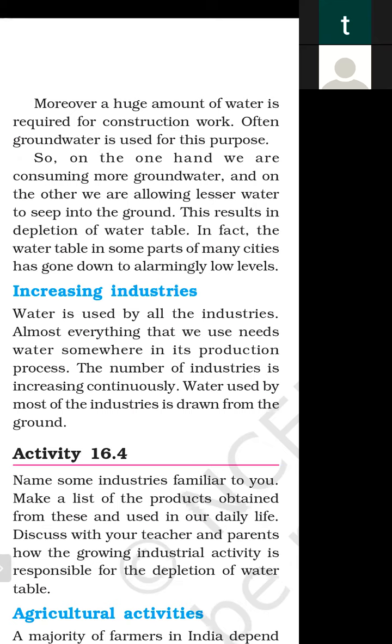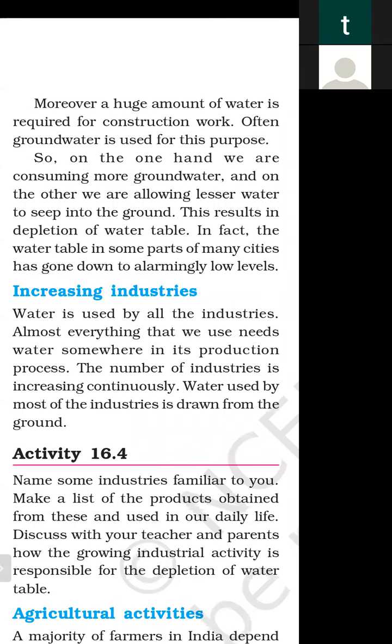Activity 16.4: name some industries familiar to you, make a list of the products obtained from these and used in our daily life. Discuss with your teacher and your parents how the growing industrial activity is responsible for depletion of the water table. Yes, students, if the number of industries is increasing, they need water, and most of the water used by the industries is drawn from the ground, because we have a limited number of rivers, lakes and ponds, and rain is decreasing day by day.